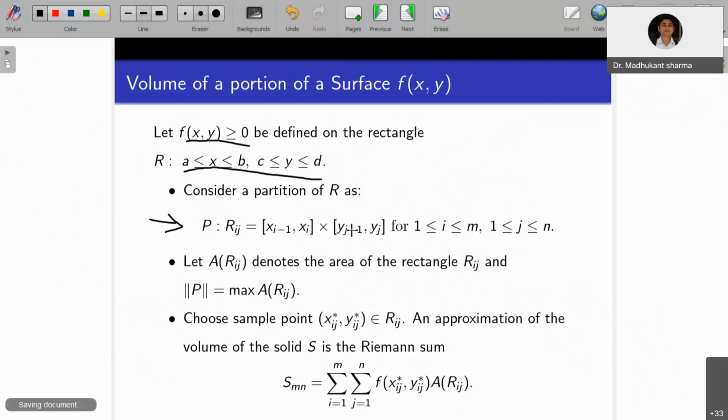So we will obtain rectangular grids, small, teeny rectangles. Then let's take area of Rij to denote the area of the rectangle.